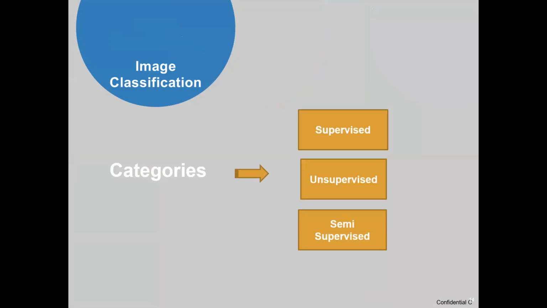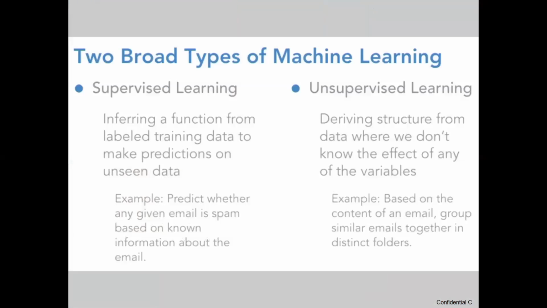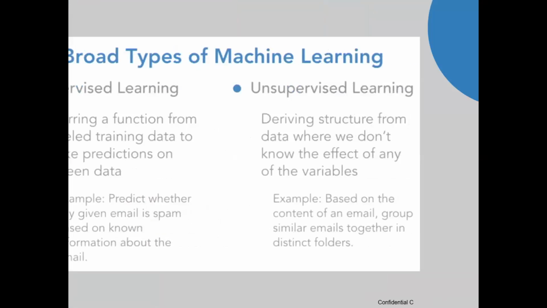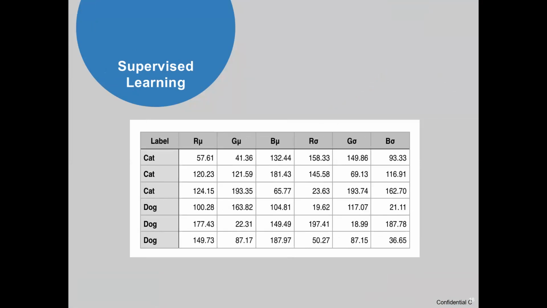Once we have extracted the features, the next step is the machine learning algorithm, whether supervised, unsupervised or semi-supervised. I'll quickly walk through what supervised, unsupervised and semi-supervised algorithms are. In the supervised case, say I want to classify images as cat or dog.